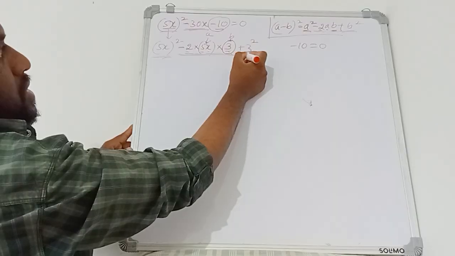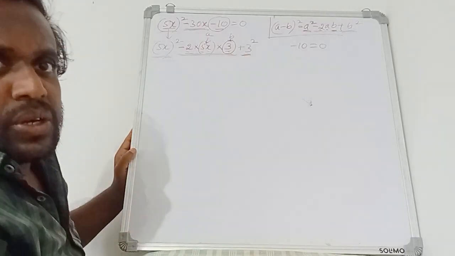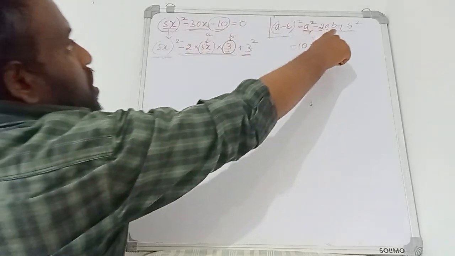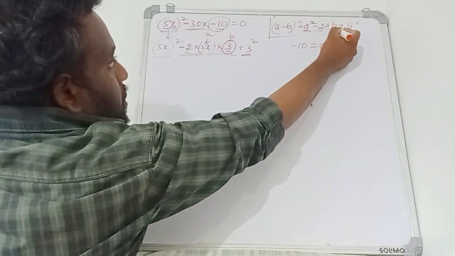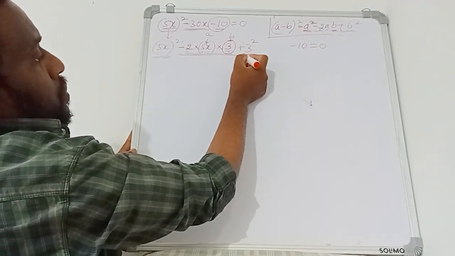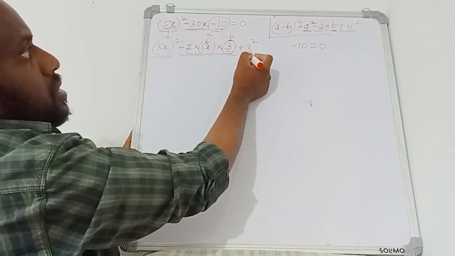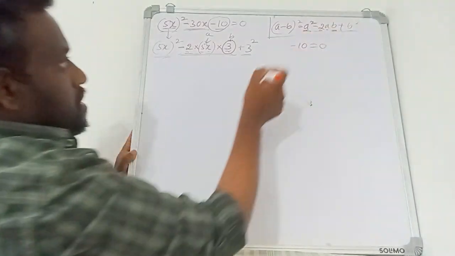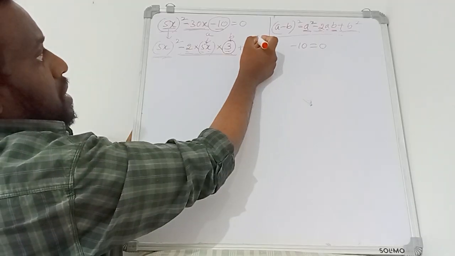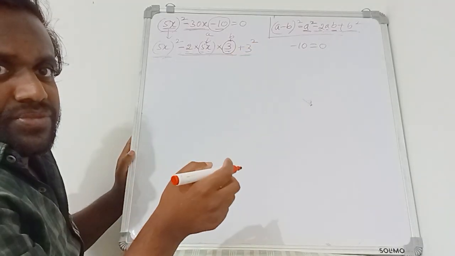But this 3² we are adding. Why? Because to change this into this form we need b². Okay, we need b². So that's why we are adding extra b². Since we are adding b², this is extra, plus 3² is extra.